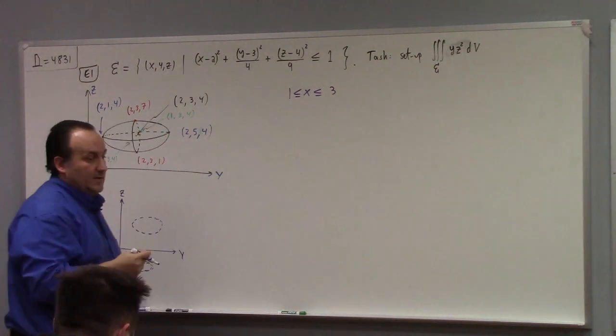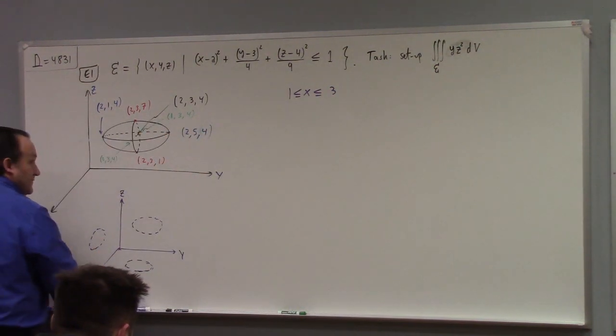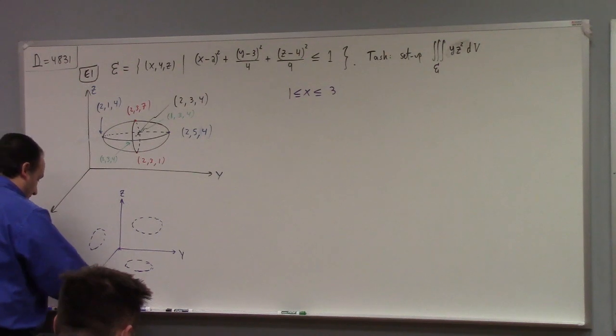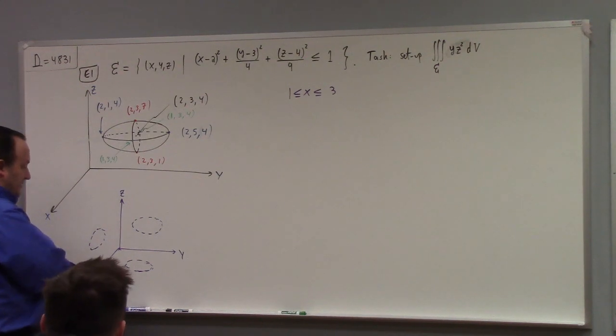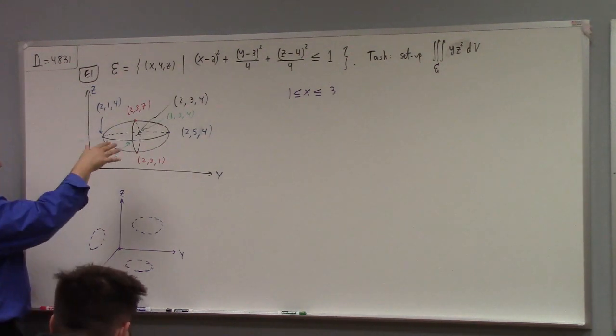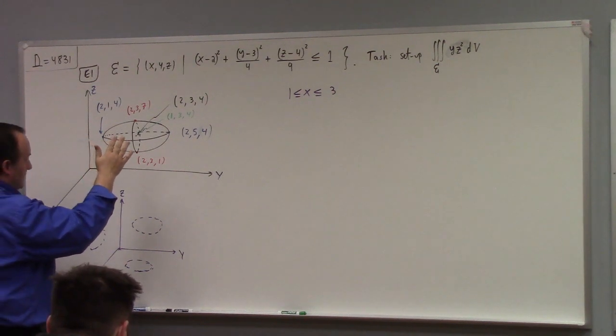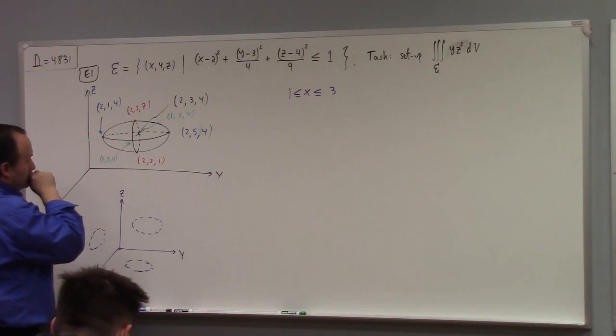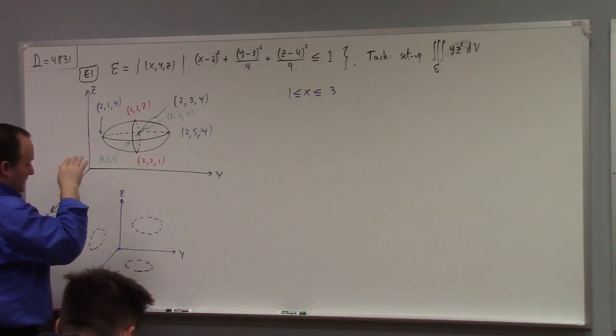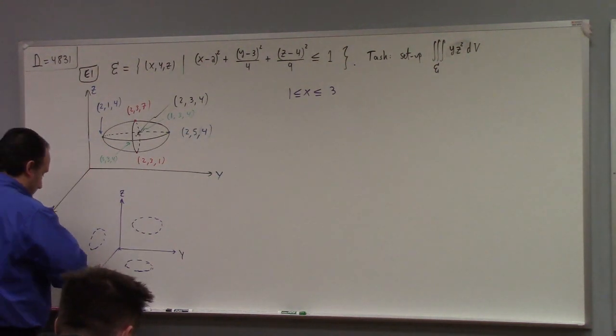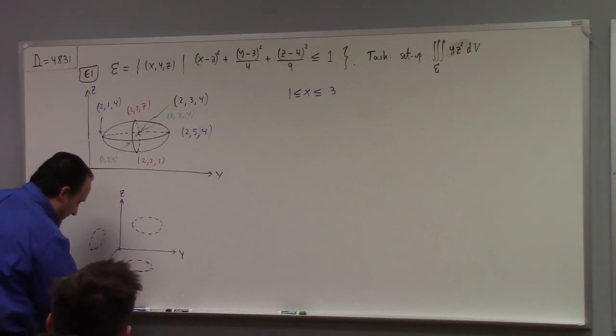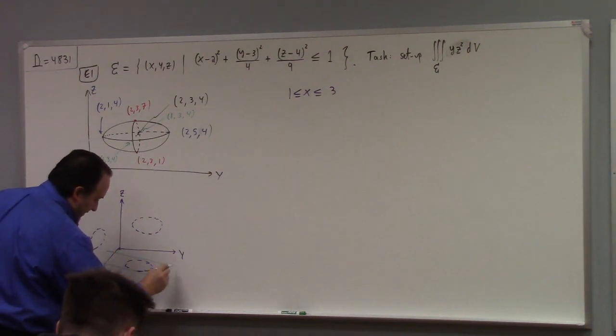Okay? Now, I should focus for this first one on what is the shadow. Let's see here. I could do it down here, right? So basically, I've made this and that kind of slice.